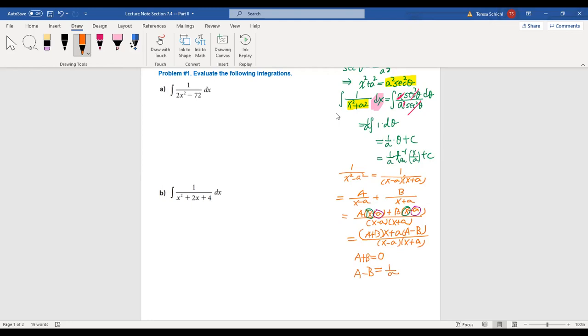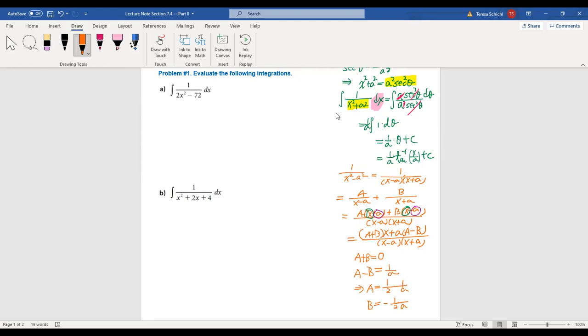So if you solve the system of equations, then you will get A equal to one half of 1 over a, and B will be equal to negative one half over a, all right?